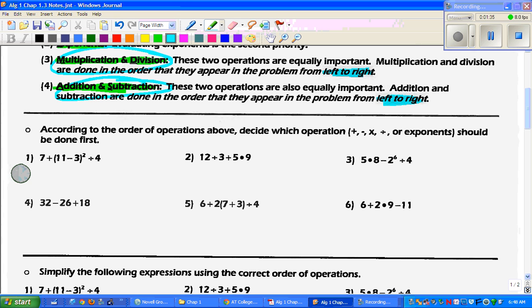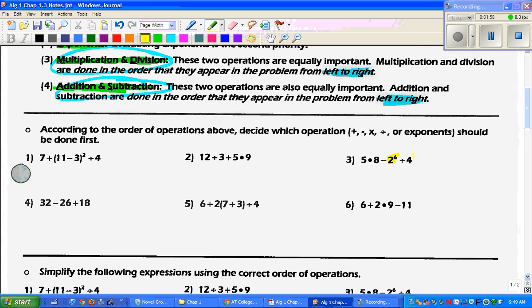All right, let's take a look at some of those. Let's start with number 3. According to the order of operations, decide which operation should be done first. Between all of those, we have 5 times 8 minus 2 to the 6th power divided by 4.